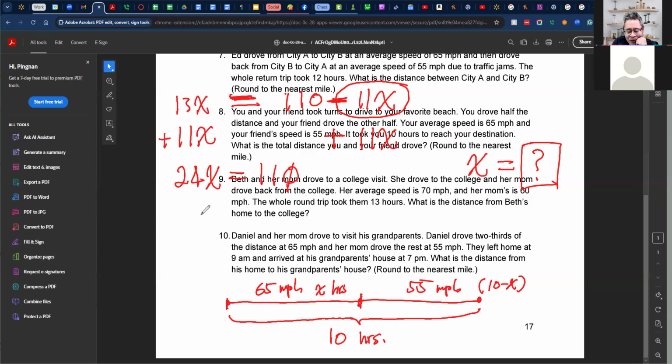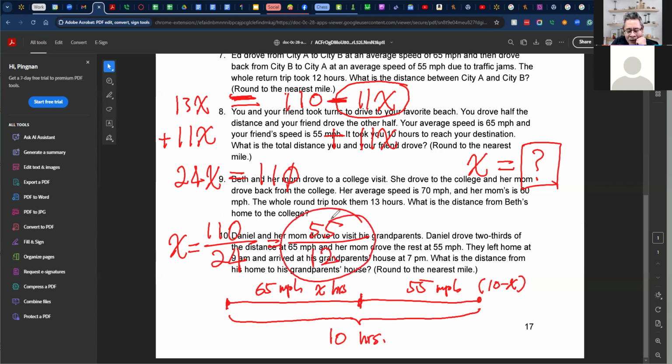Right, now how to find the x? Since 24x is equal to 110, what's our x equal to? Right, 110 over 24, and we can simplify that to 55 over 12.